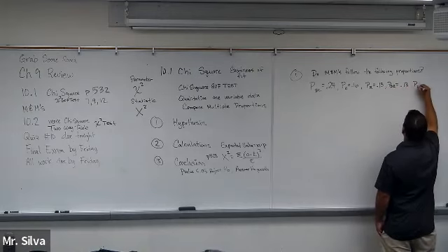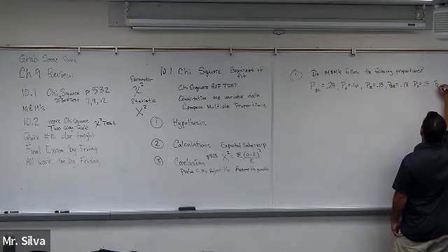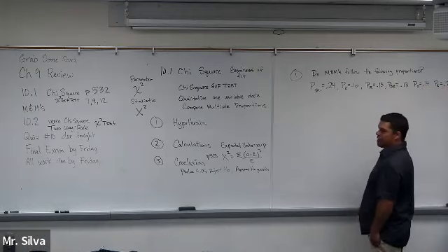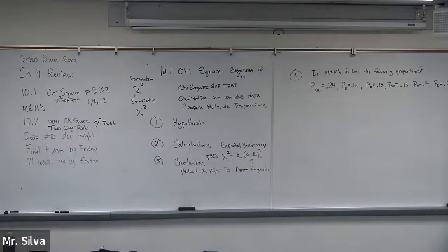Probability of orange is 0.14. Probability of green is 0.20. Let me double check. I have to find this to make sure I got the right numbers. I'm sure I'm wrong. They should add up to 100%.